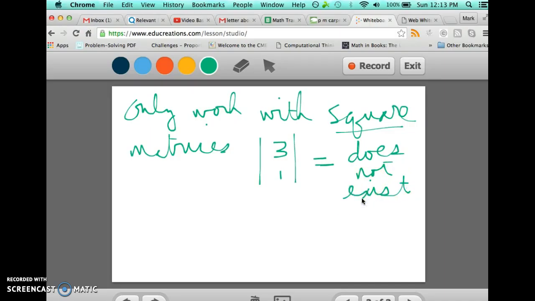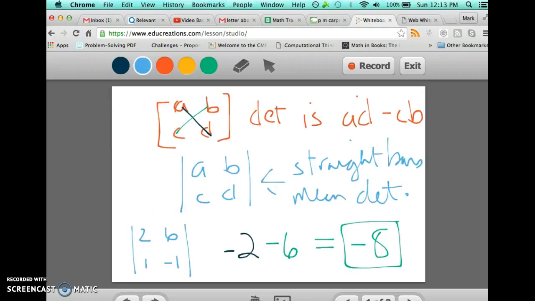Again, the straight bars mean determinant. But a square one like this does work. Just as before, it's down diagonal minus up diagonal.